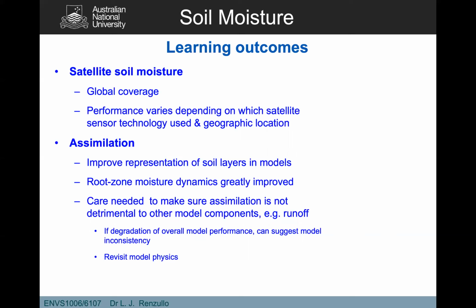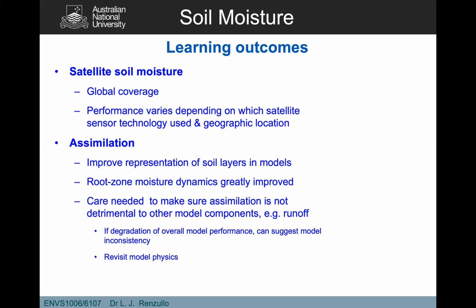To make the most out of those observations, you have to assimilate that satellite observation into a water balance model, because that has been shown to give us better representation of the soil moisture dynamics in the soil states, and particularly improves the root zone moisture.